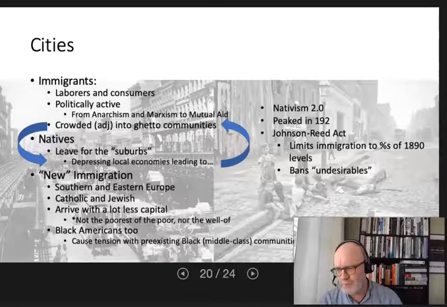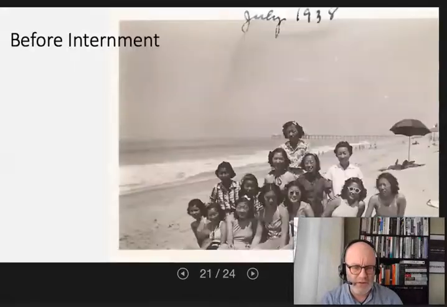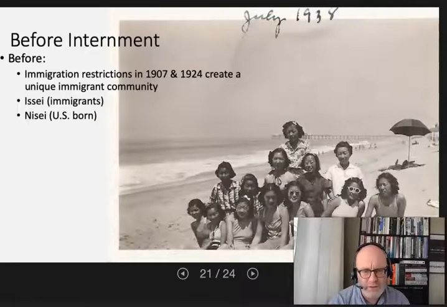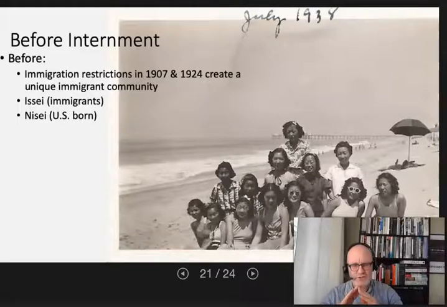Speaking of World War II and immigration, the most infamous event of the World War II time period is obviously Japanese internment. Japanese American communities are all along the West Coast. They have a very unique kind of immigration. The Issei, who are the immigrants, and then the Nisei, and then immigration just gets shut off.